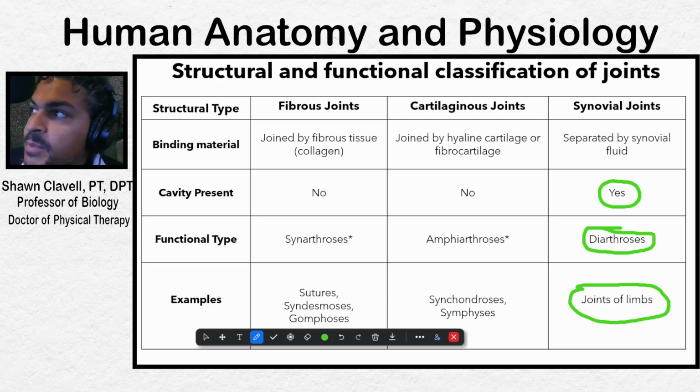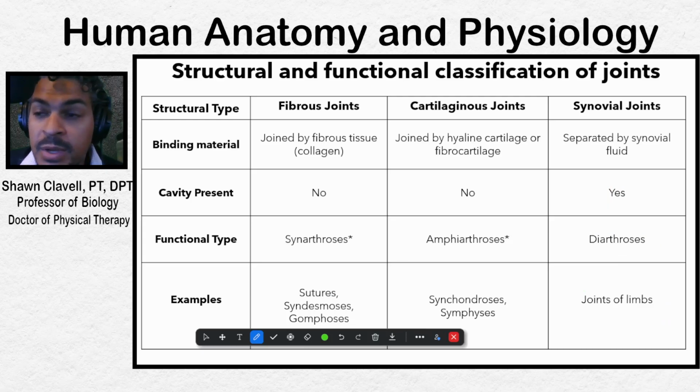So, the concept behind synovial joints is that there is a space between them. We don't see that present in either the fibrous or cartilaginous joints, where those bones are densely held together. There is actually free movement allowed in synovial joints. And again, as a result, these are the joints that are more related to the movement of our body, the joints of our limbs.